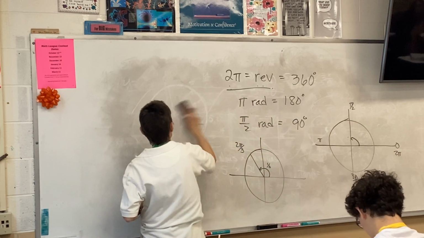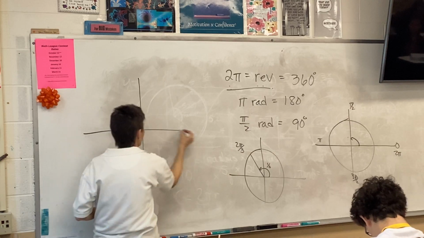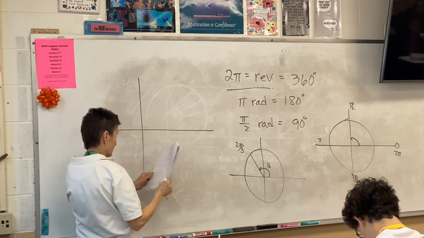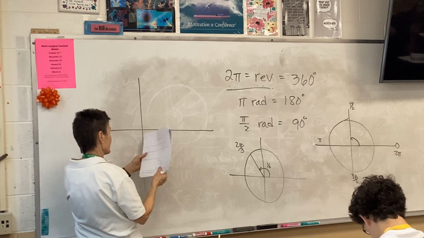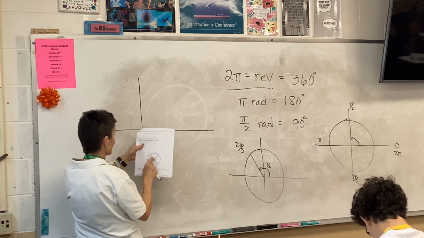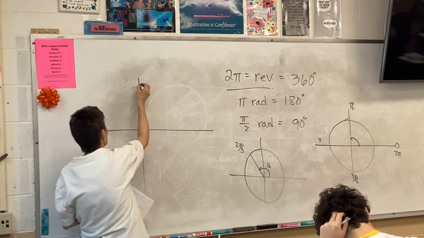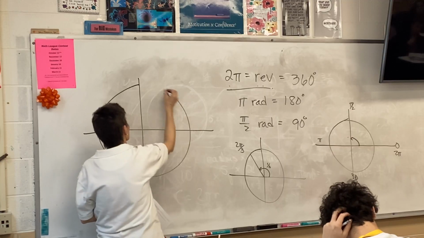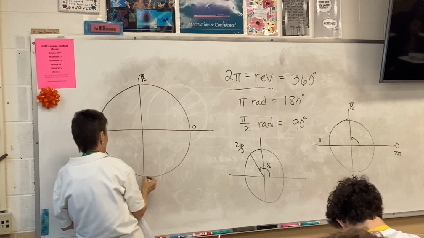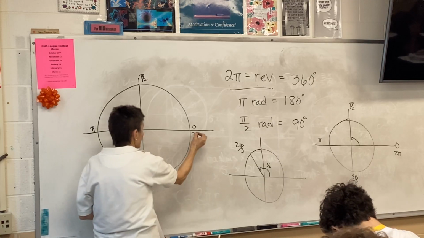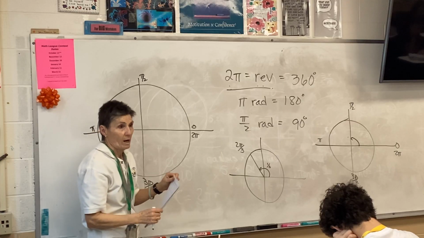All right, now our unit circle. This is something else you have to know. I'm going to draw it nice and big here. You might want to turn the page. He's got a nice one drawn there for you. Now, what does it mean to be a unit circle? It means your radius is 1.